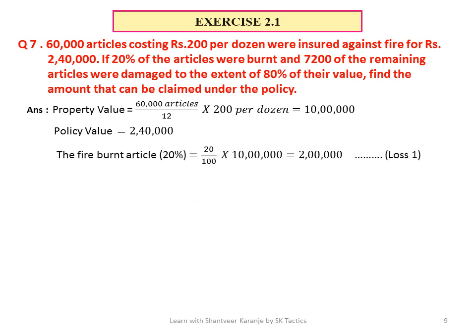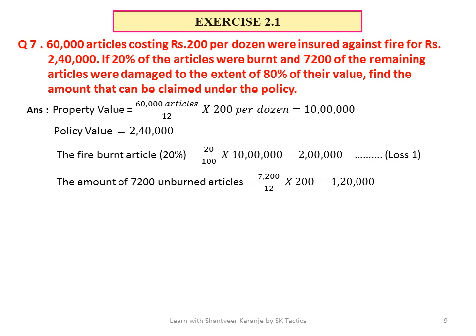The fire burnt articles 20% means 20% of its property value. 2 lakh is lost by 20% fire burnt. This is loss number 1. In loss number 2, we will calculate the 80% of the 7,200 articles.